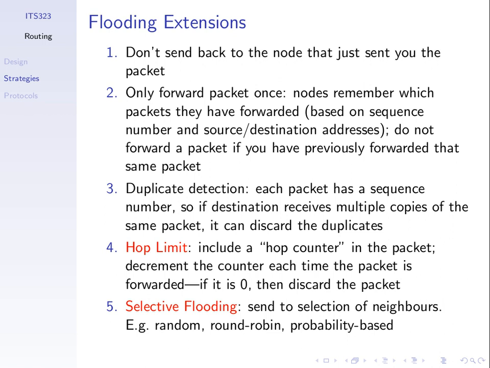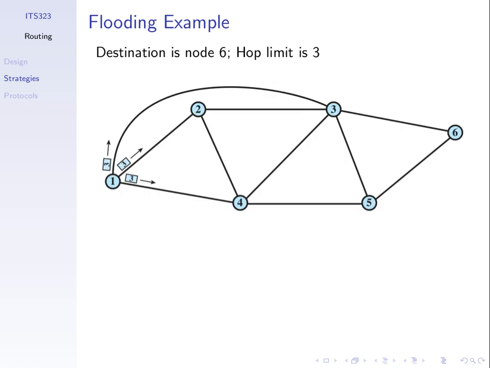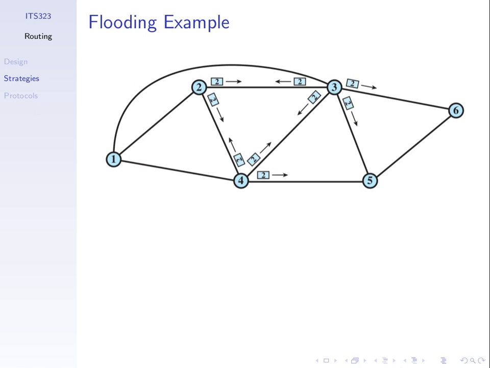Can you explain sequence numbers again? Sequence numbers in our flooding case. Let's give an example. Source node creates a packet, has some data, has a header.